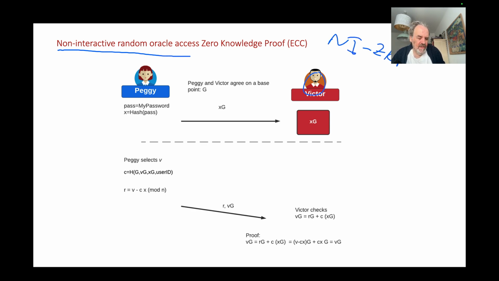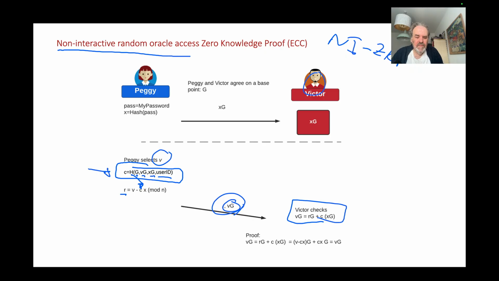In this case, again, Peggy generates V, and then she creates a hash, and this is what the Fiat Shamir paper outlined. It's a hash of G, VG, XG, and Peggy's user ID. That will then go into the C value just like before, and then Peggy will send over the value of R and VG that she's actually created as a random point.